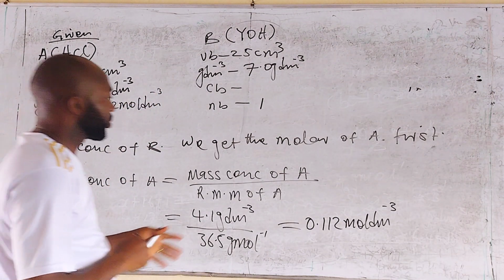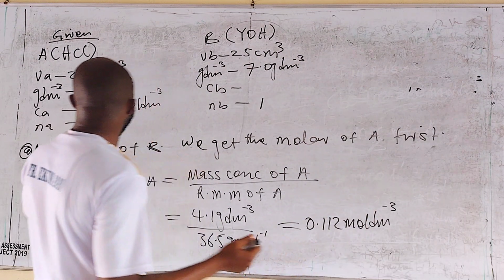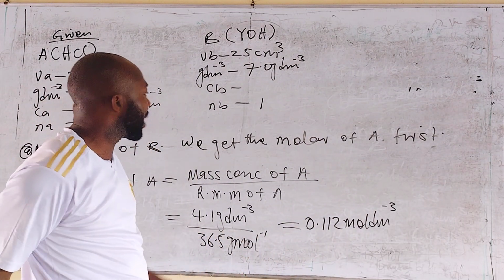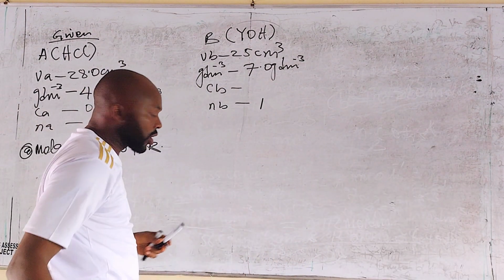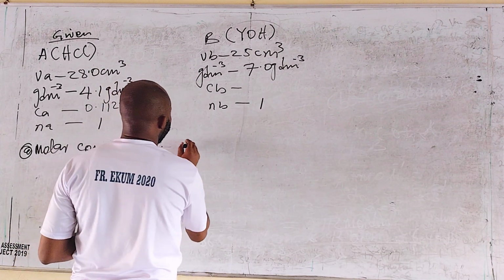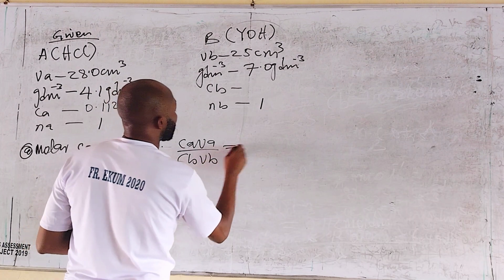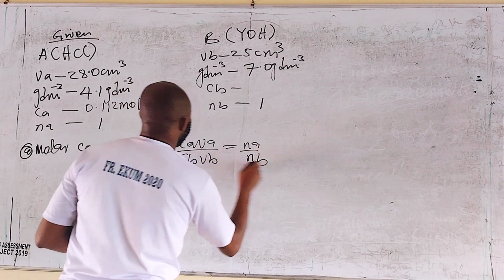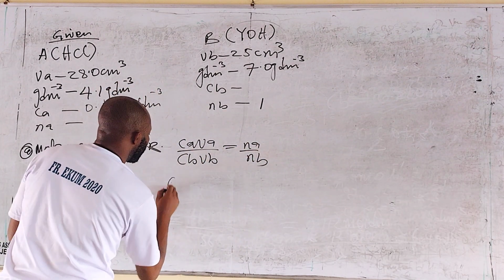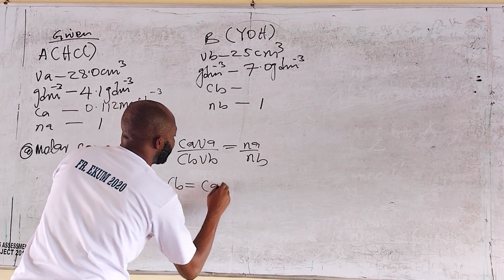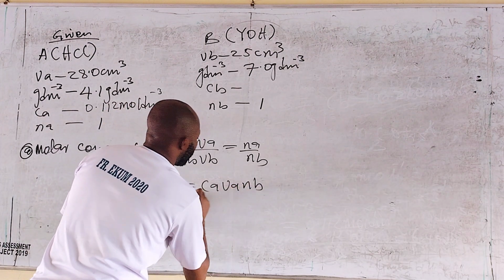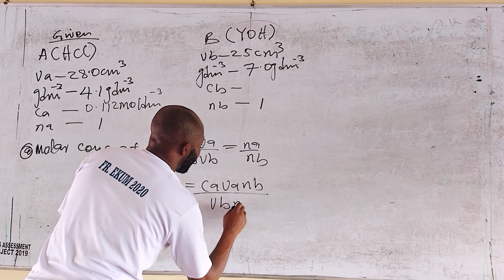Now, the original question asked for the molar concentration of the base. So now we can go back. The molar concentration of the base can be gotten using the formula CAVA over CBVB equals NA over NB, where CB is equal to CAVANB over VBNA.